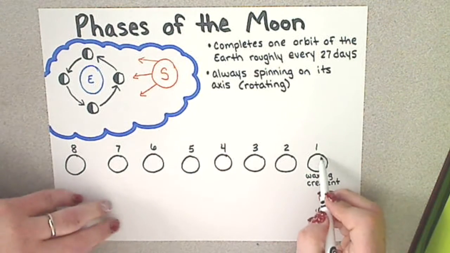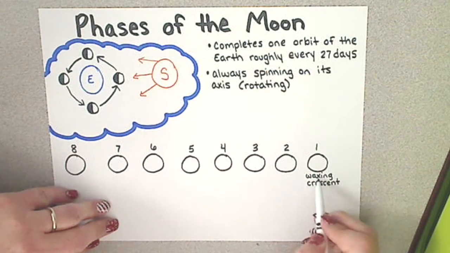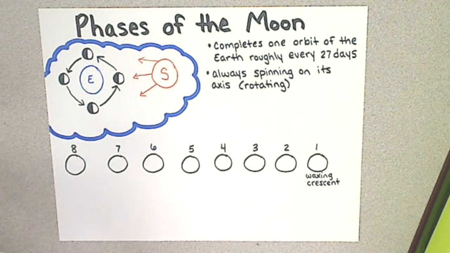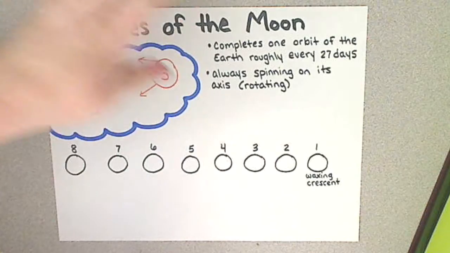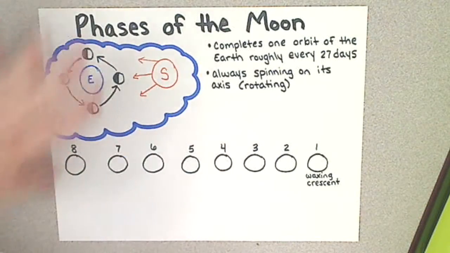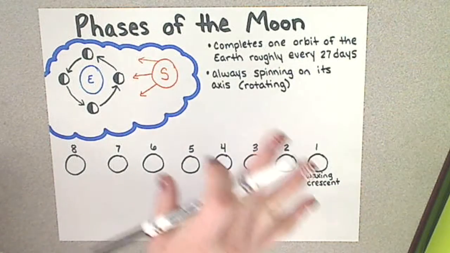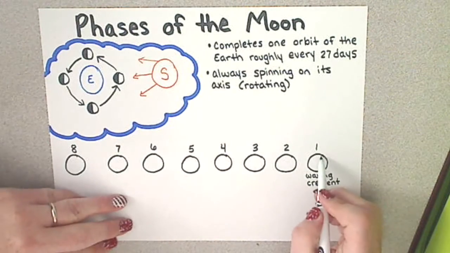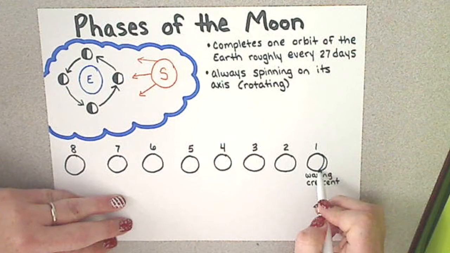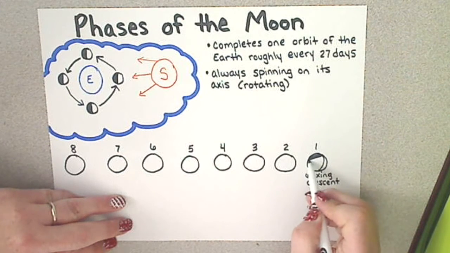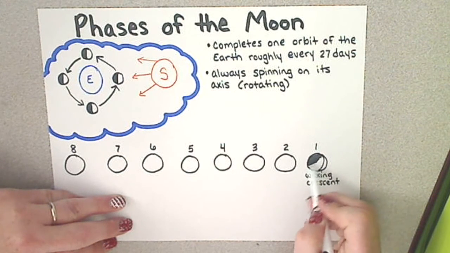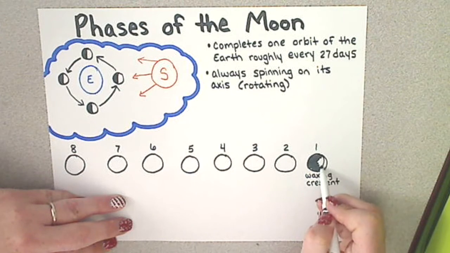Now with the waxing crescent, if you think about it like a car, when you wax a car, you have to put wax on the car and rub it in, right? So when it's waxing, light is being put onto the moon. So in this case, there's going to be a tiny sliver of light that we see.